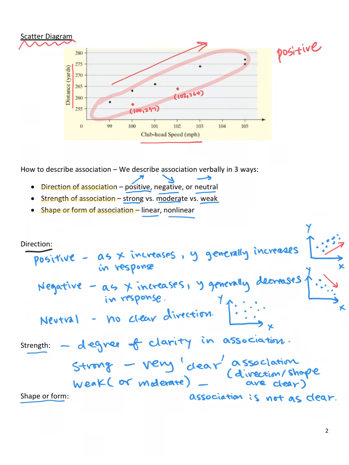So it's the shape of a general pattern of plotted data. Now, the most popular one that we're going to look at is linear versus nonlinear.